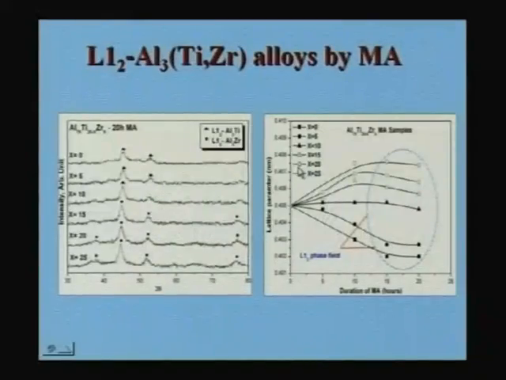If you want to make a nanocomposite of aluminum and Al3Zr or Al3Ti, you can take a proper combination of titanium and zirconium and make an Al3(Ti,Zr) kind of L12 compound. Now you have an FCC compound in an FCC matrix whose lattice parameters are exactly similar. So you have a matrix whose lattice parameter is the same as that of the intermetallic compound, and in that kind of situation, you have perfect coherent precipitates possible.